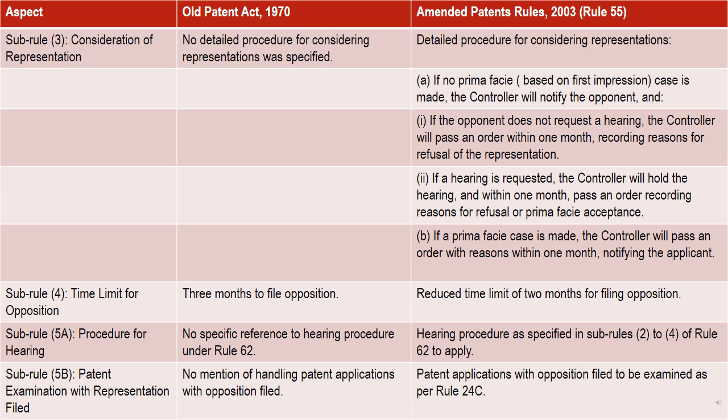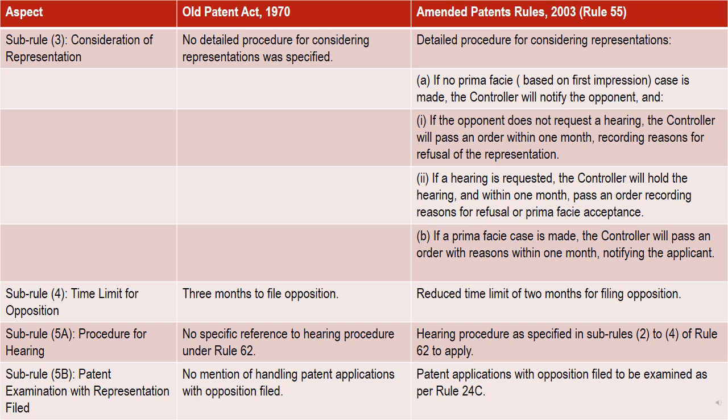C is new sub-rules 5A and 5B. First one, sub-rule 5A. The procedure for hearings under this Rule 55 will follow the same steps outlined in Rule 62, Sub-Rule 2 and Sub-Rule 4 of Rule 62.